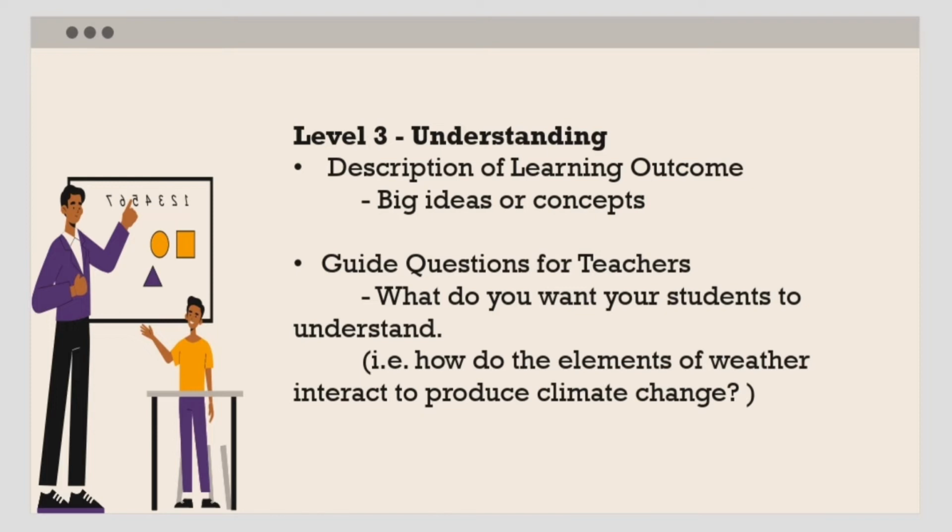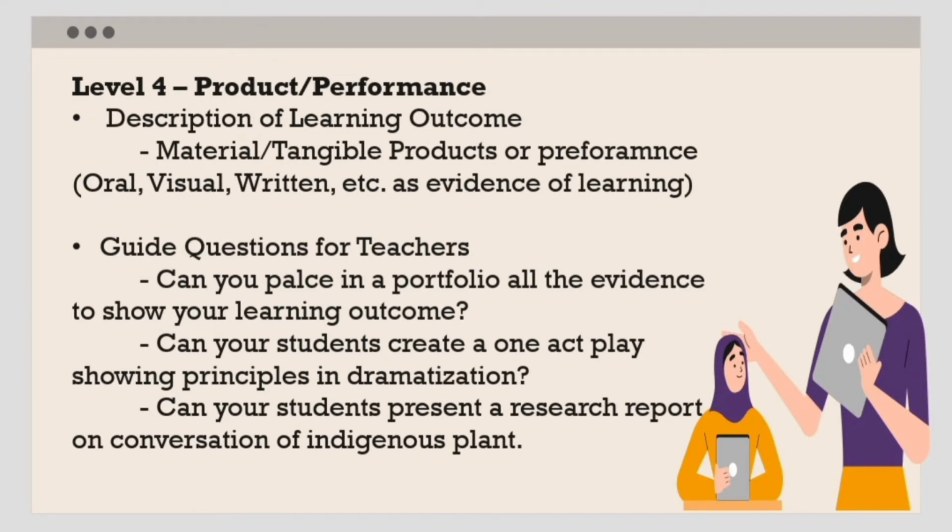So now let's move on with the fourth level, which is the product or the performance. So this fourth level focuses on the learner's application of their knowledge to creating a material or a tangible product or presenting an oral, visual, or written performance as an evidence of their learning.